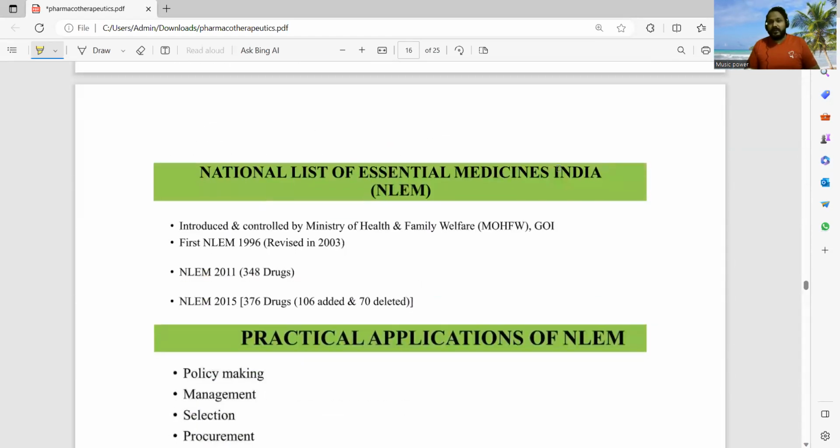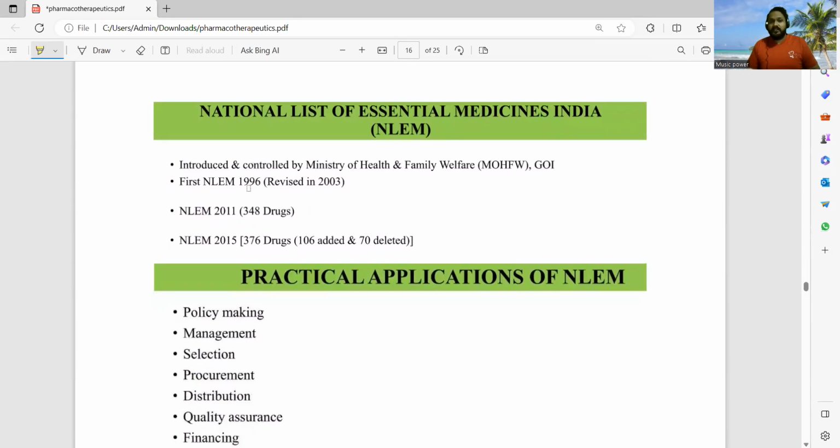National List of Essential Medicines of India. It is introduced and controlled by the Ministry of Health and Family Welfare. The first NLEM was in 1996 and it was revised in 2003, and the second in 2011 had 348 drugs.